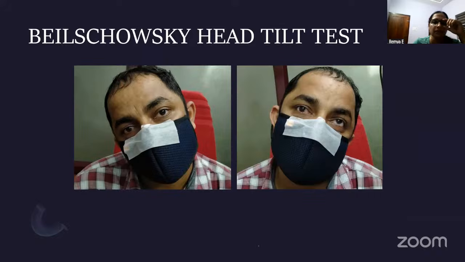Why does this happen in superior oblique palsy? So normally what happens? Normally your eye is straight. You are turning your head to the right side. So right is intorting and left is extorting. So what are the intorters of the right eye? Right superior oblique and right superior rectus.